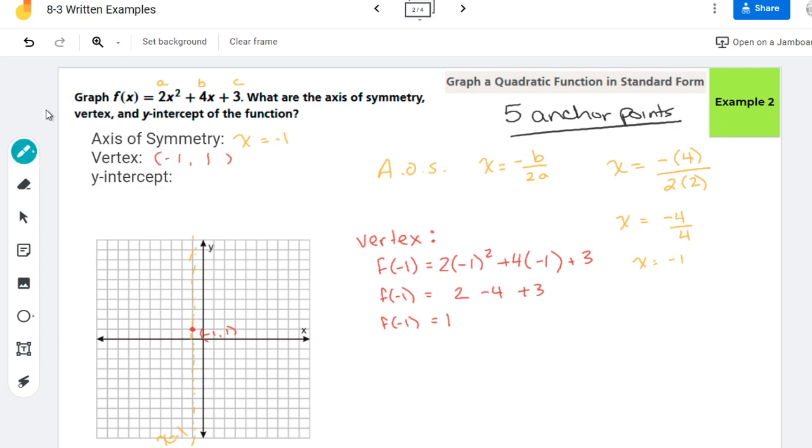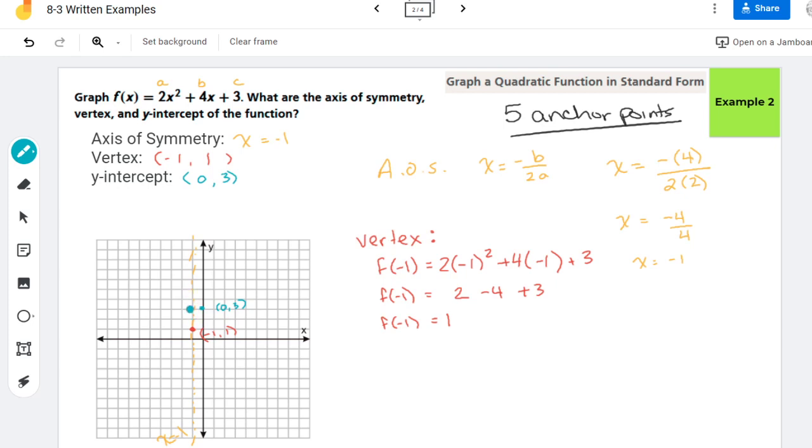The next thing I tend to do is locate my y-intercept, which is the point where our x value is 0. If I plug zeros into the function, the only value left is that constant, the c. So the y-intercept just throws itself at you in standard form, which is nice.